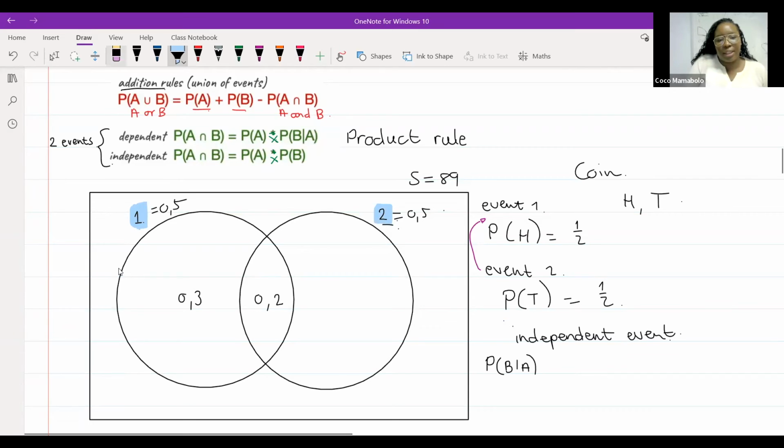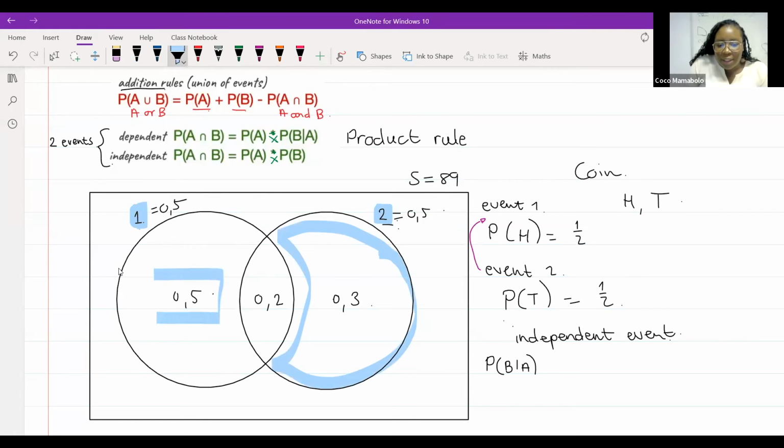Or let me write it the other way around. I'm going to say 0.5, and the probability of him winning match 2 is 0.3. So the only way Samuel gets to play match 2 is if he wins match 1.